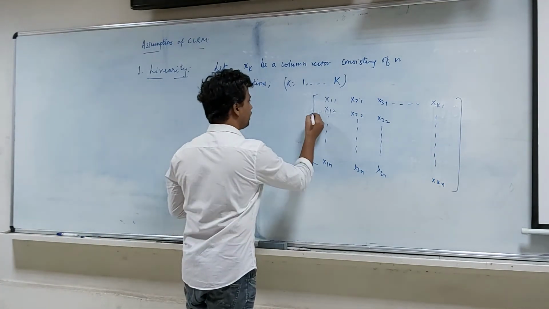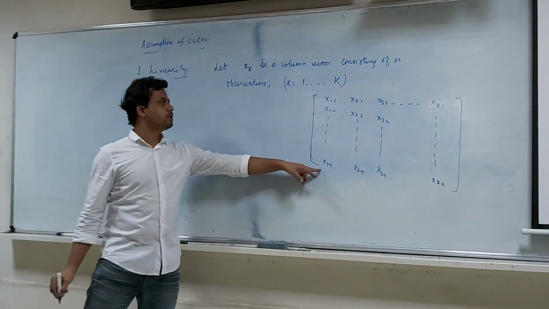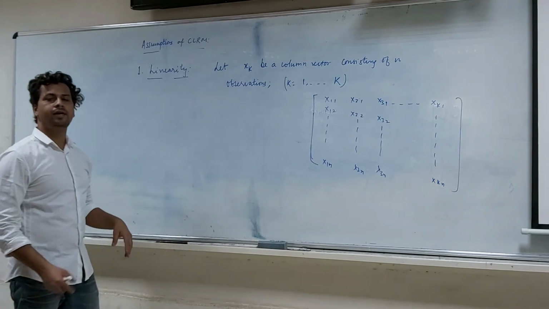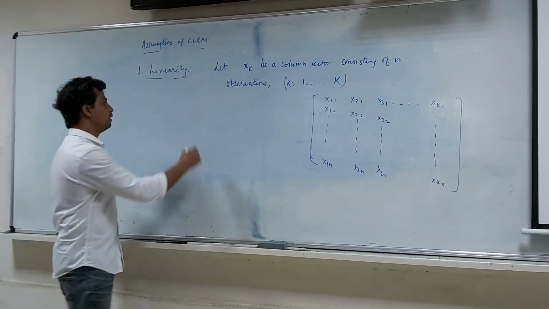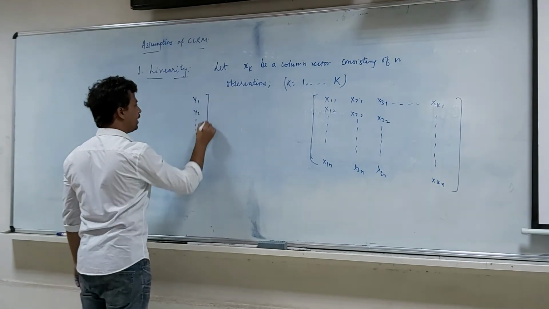I'll leave this as it is, right? So if I have n such observations on the explanatory variables, I also have n such observations on my dependent variable: y1, y2, and so on till yn.